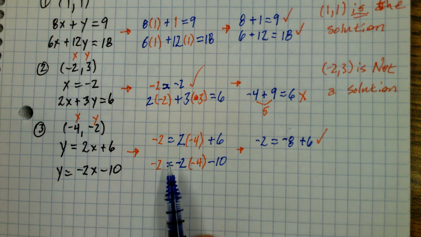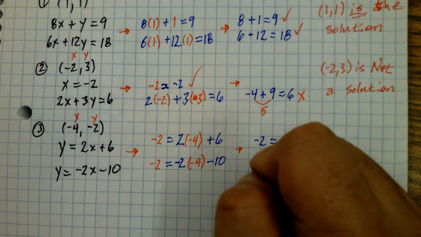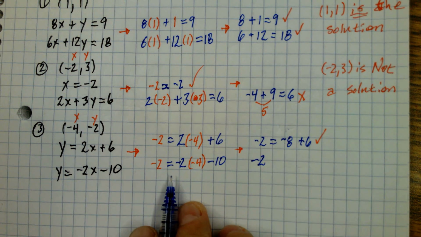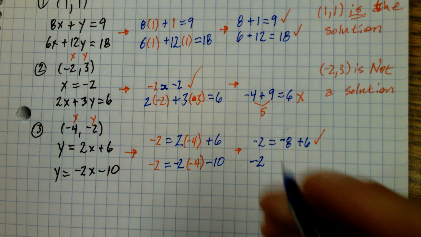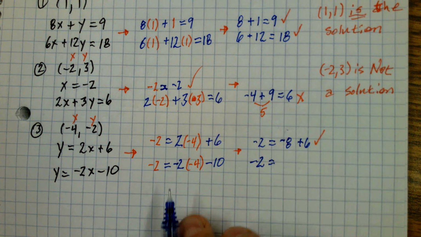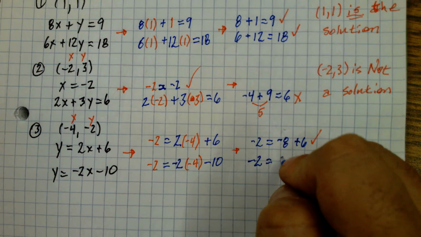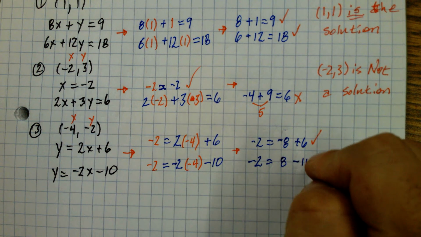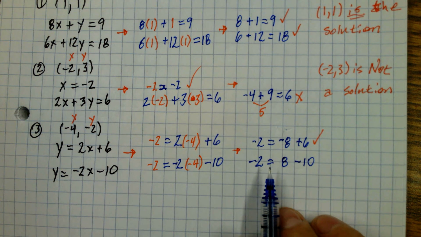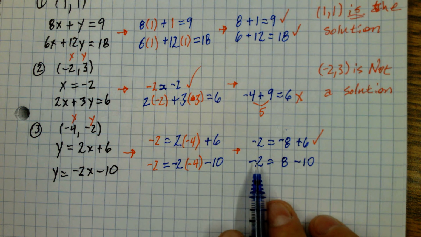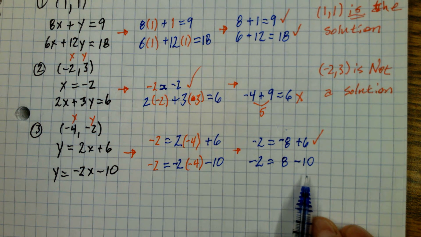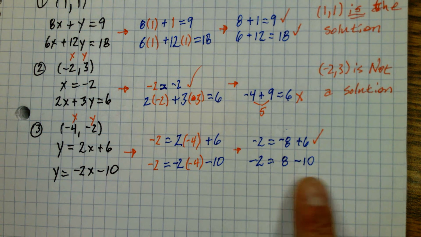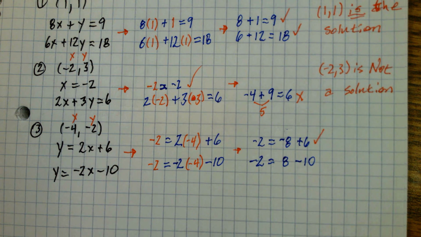And let's do that. I'm going to bring over this negative 2. And then equals negative 2 times negative 4. Negative times a negative is positive, so this is 8. And then I have minus 10, so take away 10. So let's test this one. Is negative 2 equal to 8 take away 10? Yeah, it's not positive 2 because you're doing it in reverse.